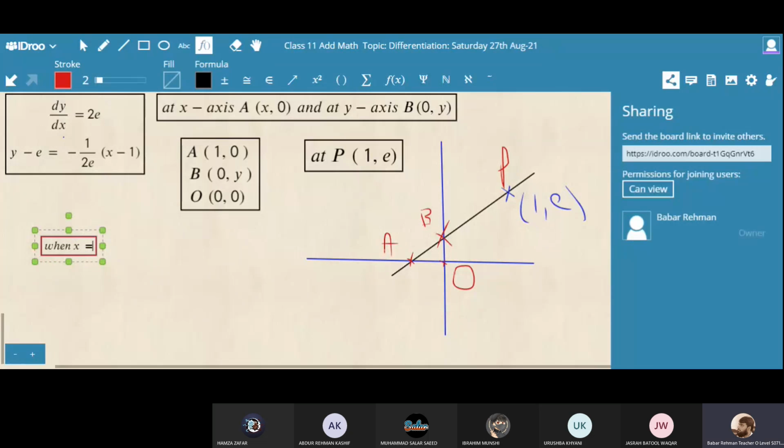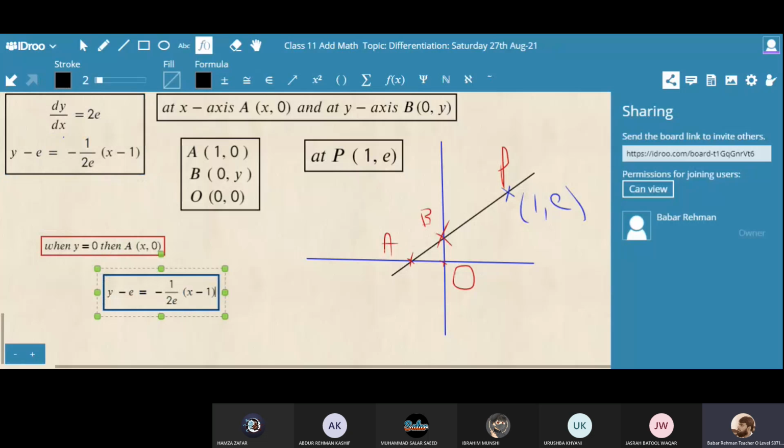When y is equal to 0, I am going to find the coordinates of A. Then A will be x comma 0. Now I will input the value y equals 0 in this equation, because I want to find the coordinate of A.